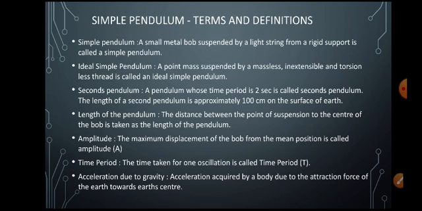There is no availability of an ideal simple pendulum in practice. We cannot construct an ideal simple pendulum. Next is a seconds pendulum. A pendulum whose time period is 2 seconds is called a seconds pendulum.